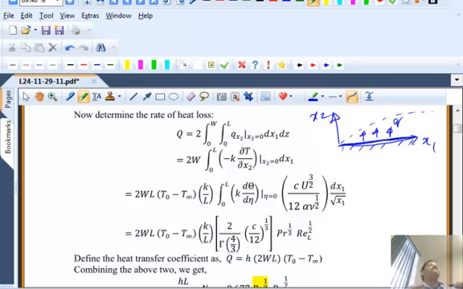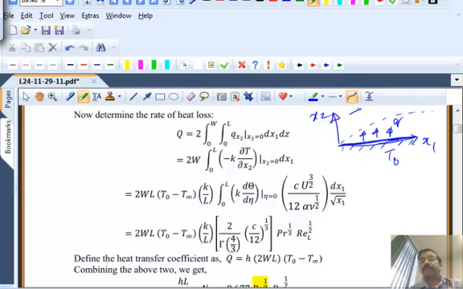But what you need to realize is when you maintain a constant temperature, you don't know what the flux is. You need to calculate the flux. But if you're maintaining a constant flux, then the temperature of the wall will change. You don't know what the temperature is. You need to solve for the temperature. But they are related to each other. So in this particular case, we are maintaining this wall at a temperature T0.